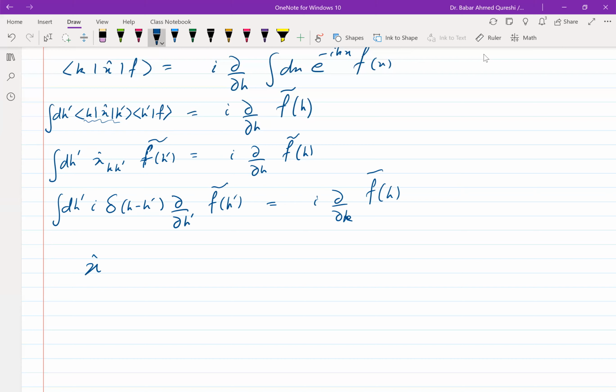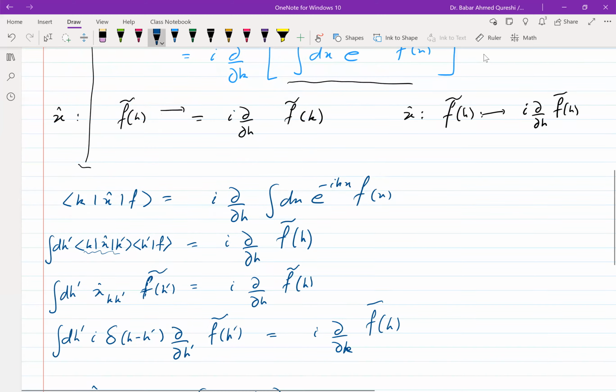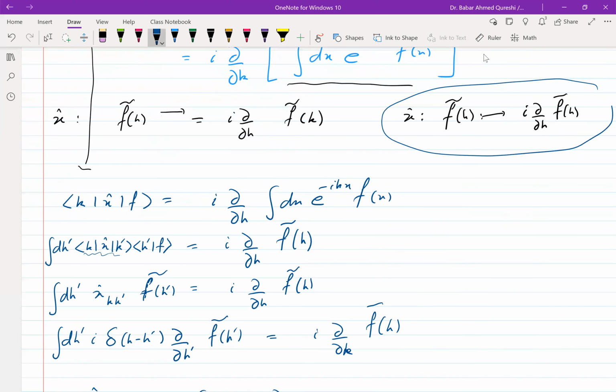So these matrix elements are this, and when you are given these matrix elements in one basis, this delta is always there because of the continuous nature of the basis. Otherwise, if you just look for the action of this operator, you can remove this delta and just look at this thing.